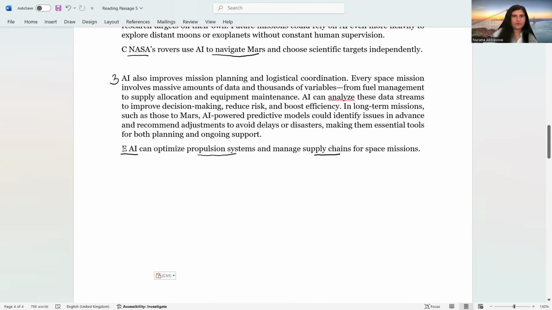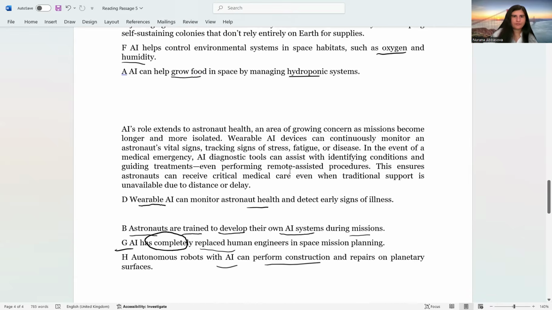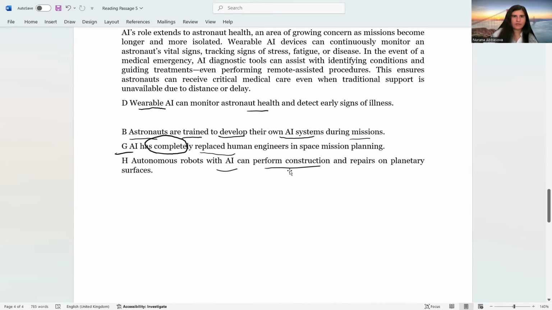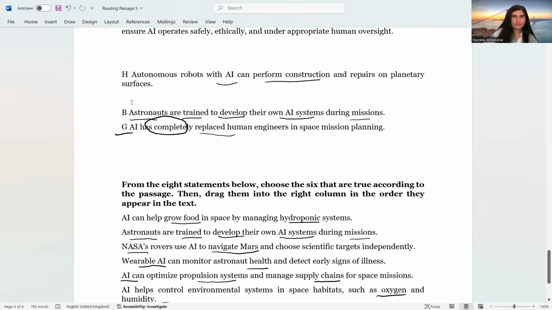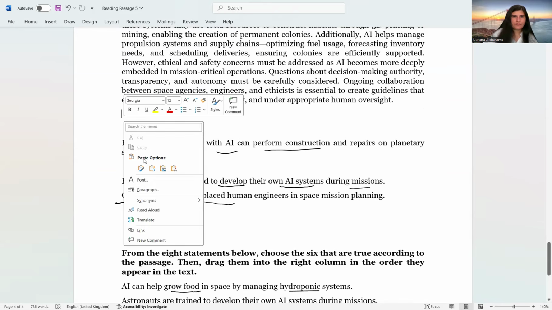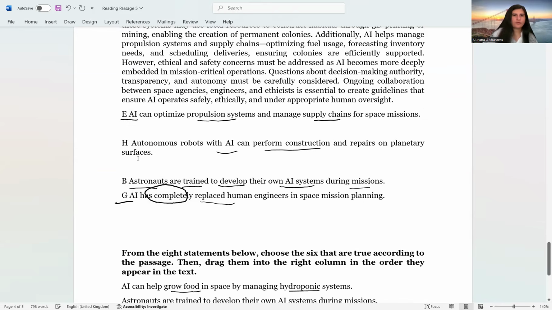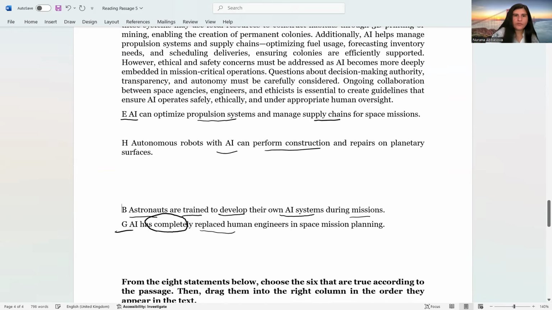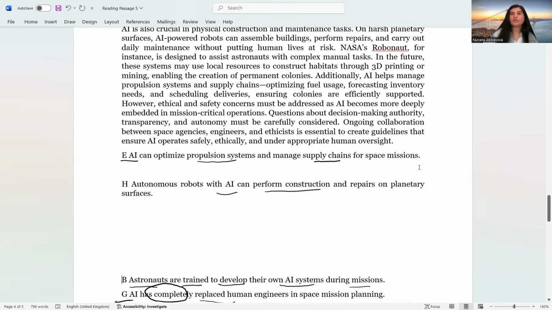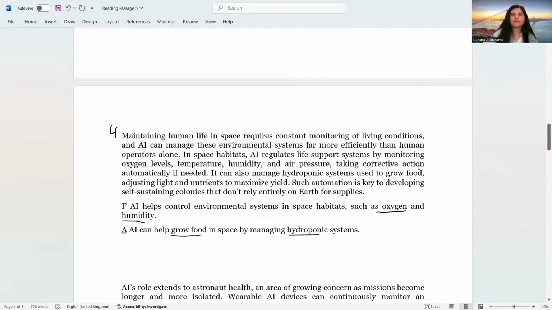Yes, here on paragraph 3. Let's put it down below. So we didn't use B and G. 2 of them we will not use during the exam as well.